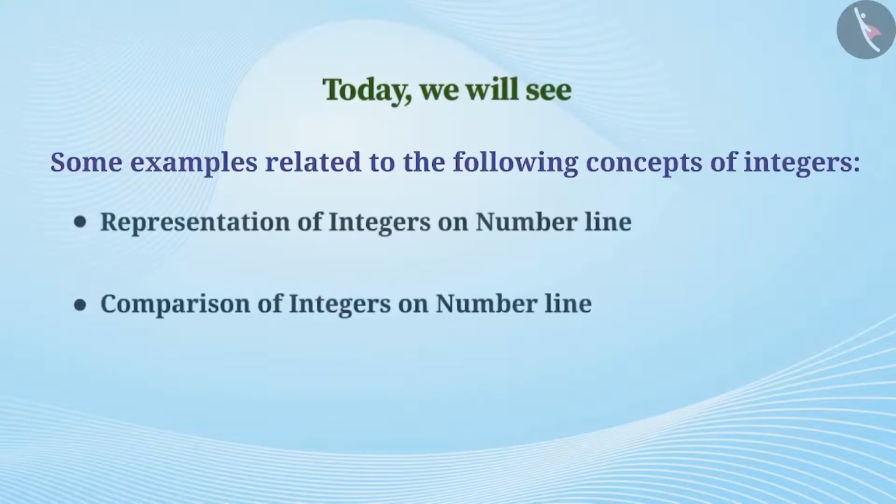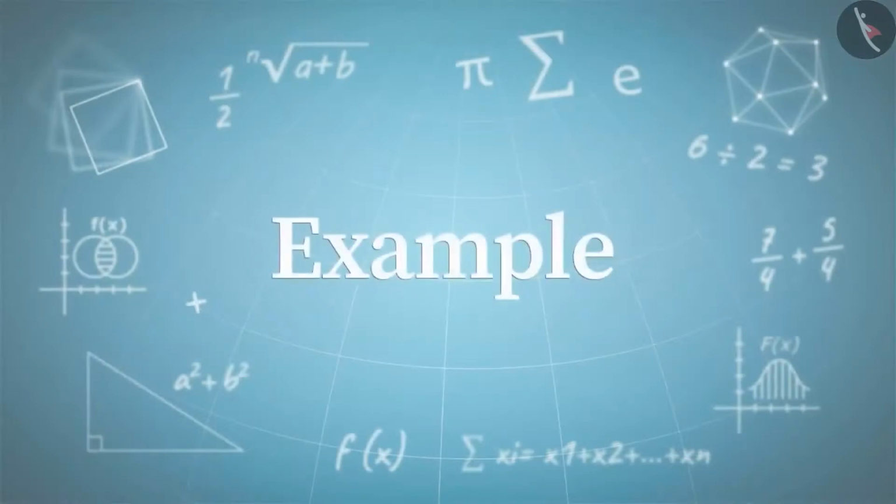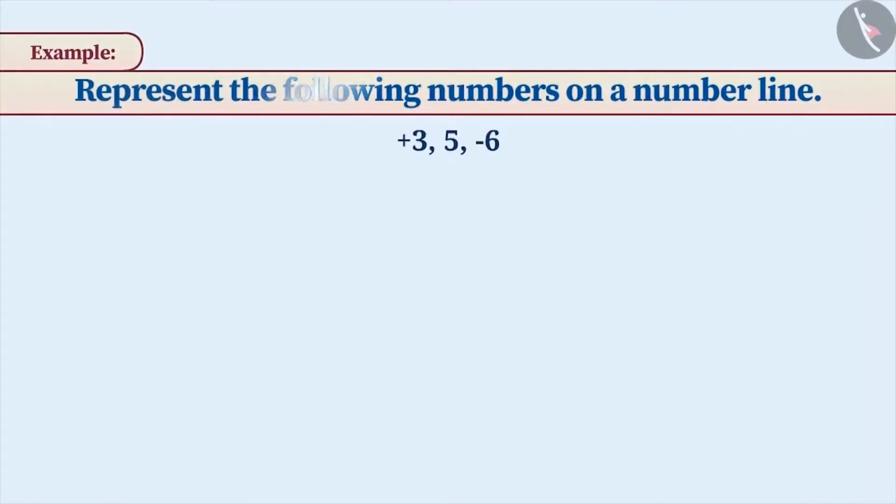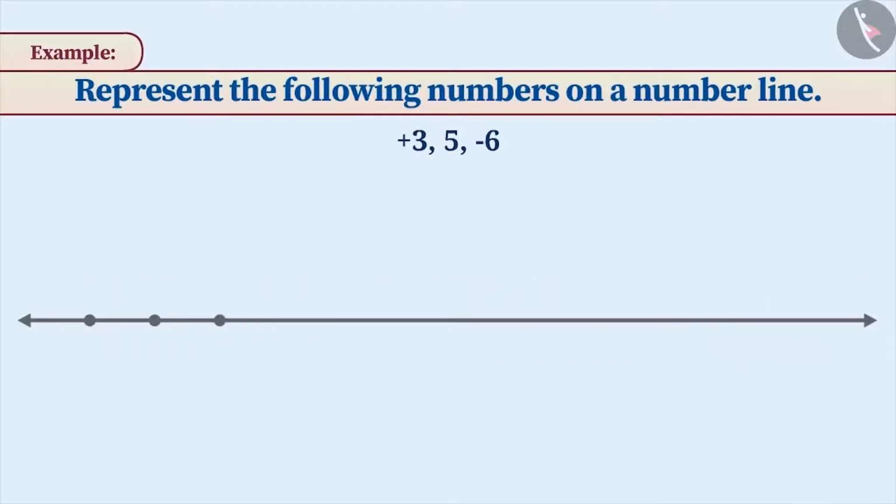Today, we will see some examples related to the following concept of integers. Represent the following numbers on a number line. To represent a number on the number line, first draw a line and mark some points at equidistance.